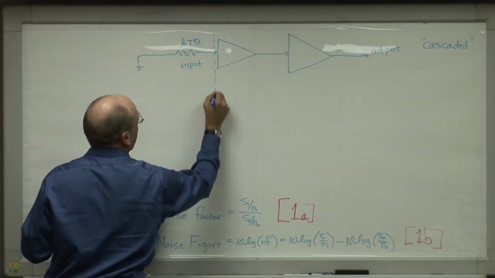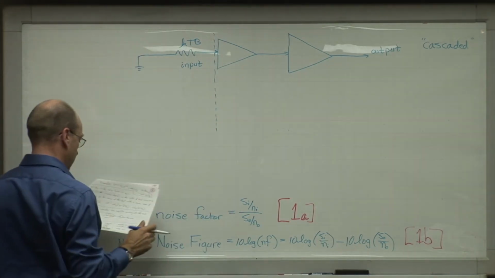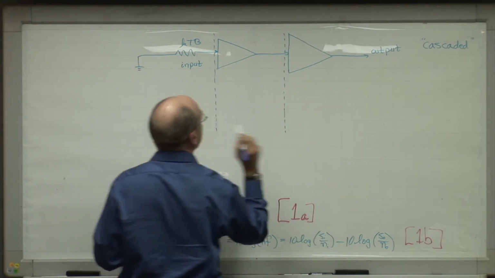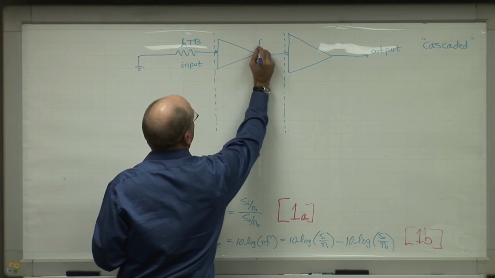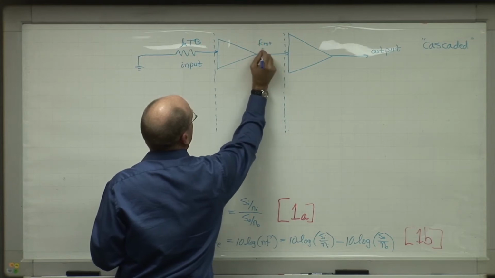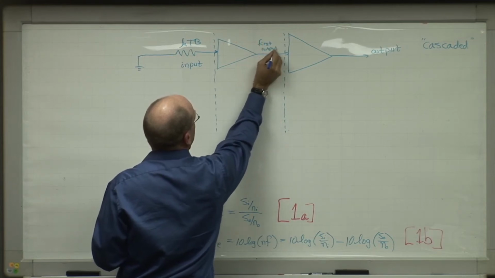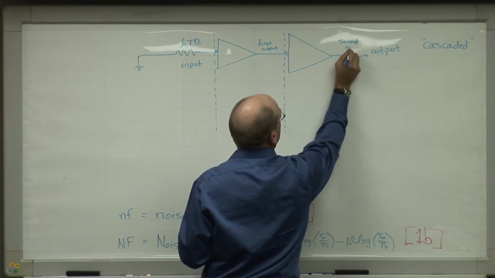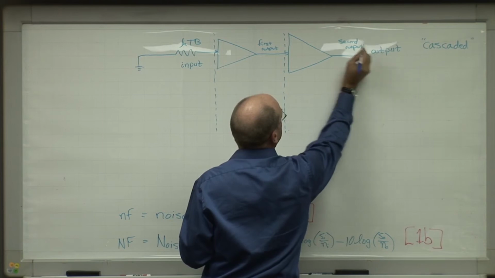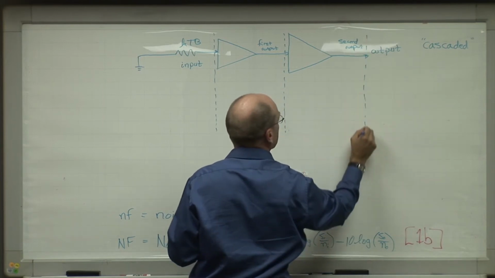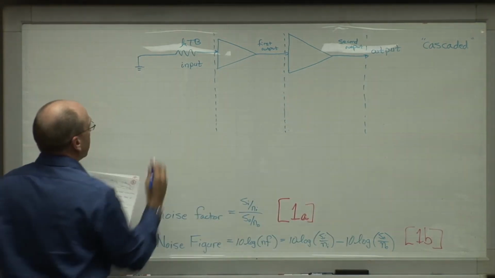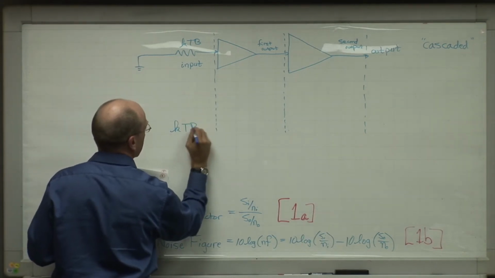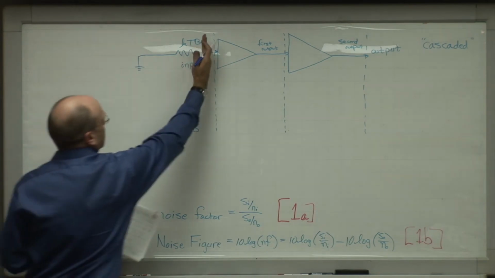We're going to look at some quantities right here, and then some quantities at the first output, and then some quantities at the second output. So here, the power that's present in our system is just kTB on this side of the input to the amplifier.